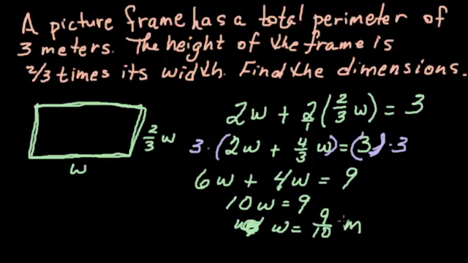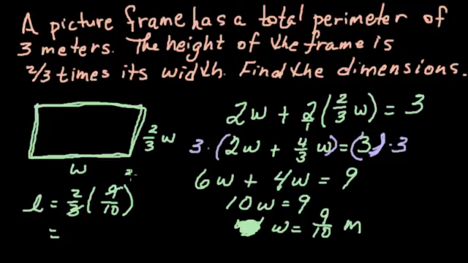Now that asks for the dimensions. I found what W was, and they wanted the dimensions. So I also need to calculate the length. And the length, we know, is 2/3 times whatever the width is. Well, the width happens to be 9/10. So I'll do this multiplication, and making it easy on myself, I'll do a little canceling first. 3 goes into 9 3 times, and 2 goes into 10 5 times, and I get 3/5 meters.